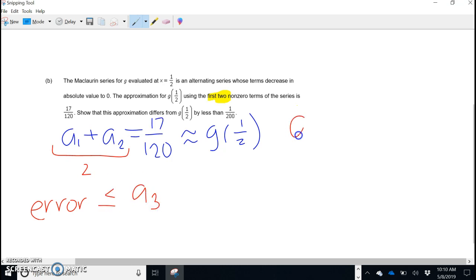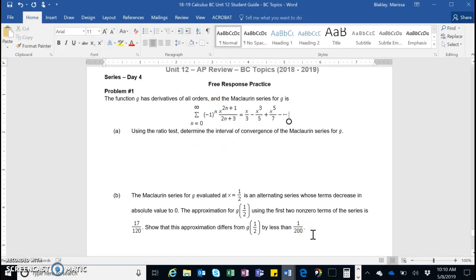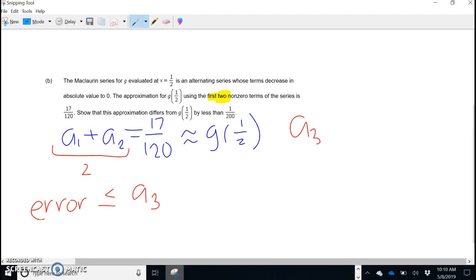So let's see. The third term here is x to the 5th over 7. I want to make sure I'm right about that, so let me toggle back over here. Yeah, I'm using this term right here, the x to the 5th over 7 at 1/2 in order to generate my error bound, because this is an alternating series.